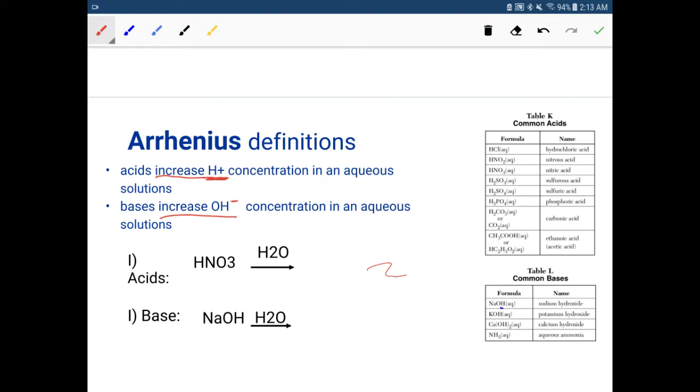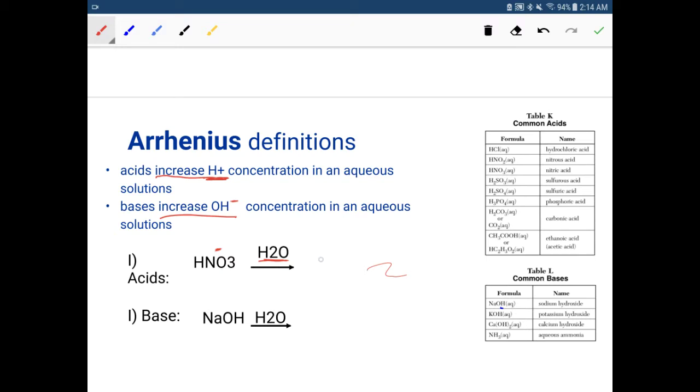So for example, here you have HNO3, or nitric acid. When it dissolves in water, you see here there's an arrow and H2O above it. That means HNO3 is dissolved in water to produce whatever we're going to put right here, right?